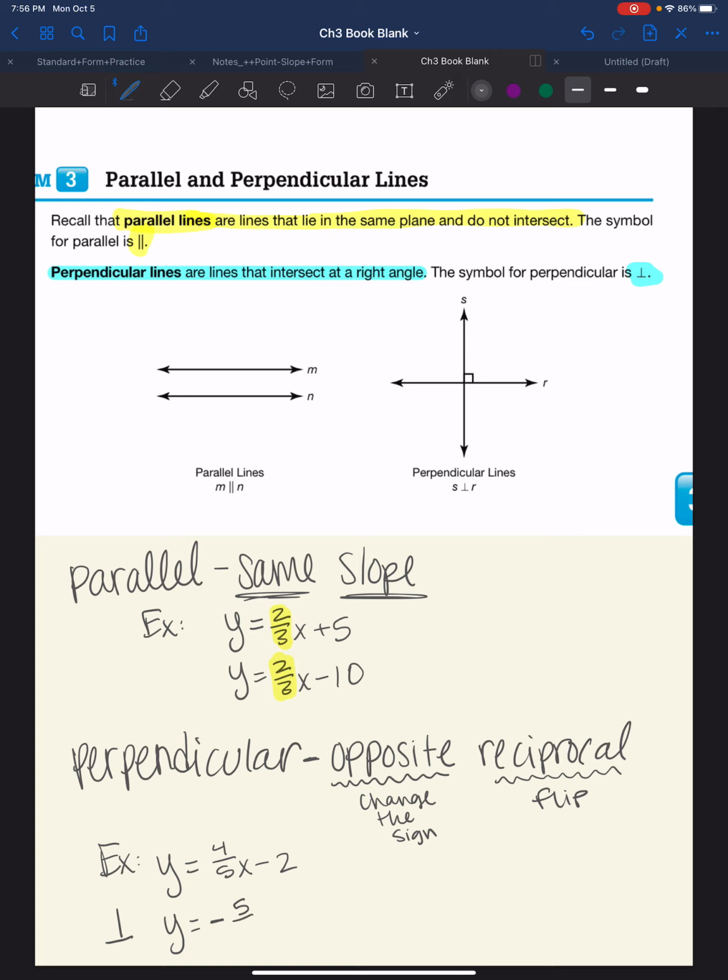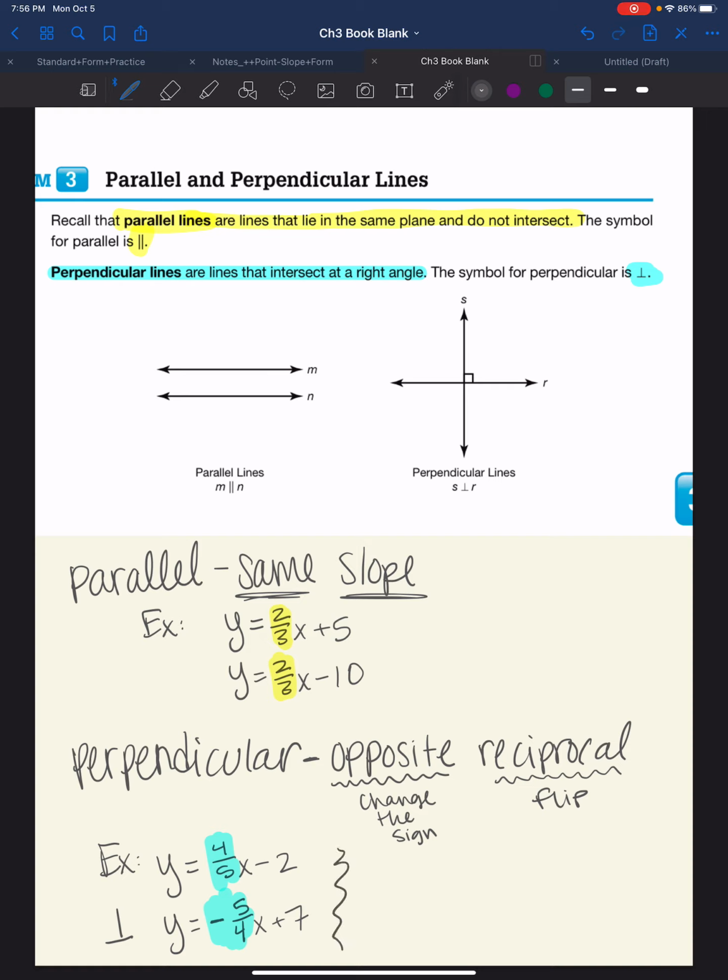So the perpendicular slope would be negative 5 over 4 x, and then I'm just going to make up another y-intercept. So the main thing to focus on here is what we did to that slope. We went from positive 4/5 to negative 5 over 4.